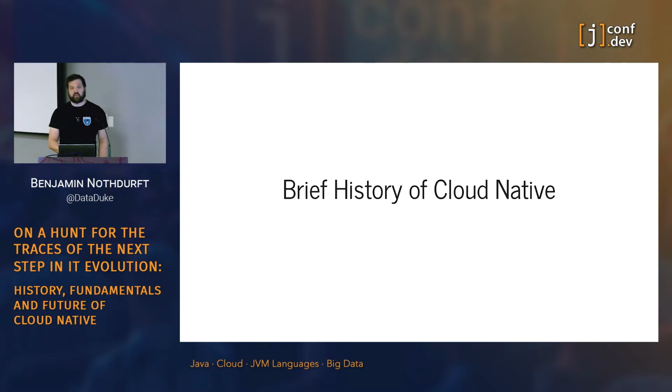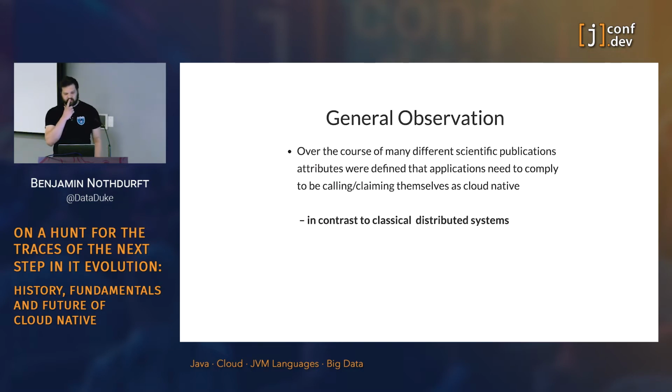So let's start. In general, there's the industry and then there's the academia world. And when we look at the scientific publications, we will find that there are a lot of different coinings for the term cloud and cloud native.